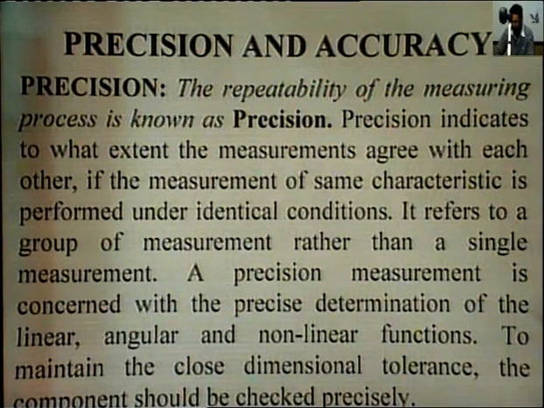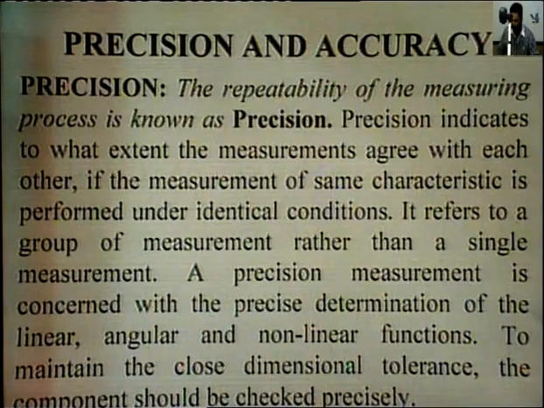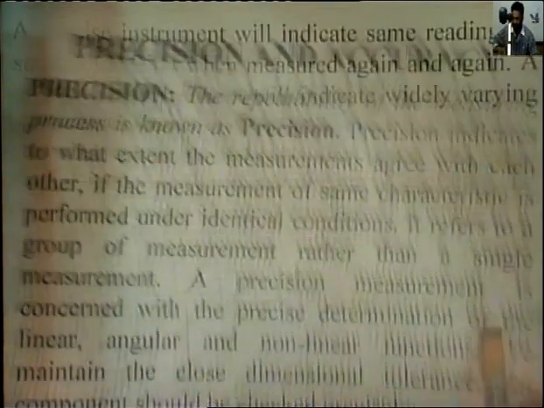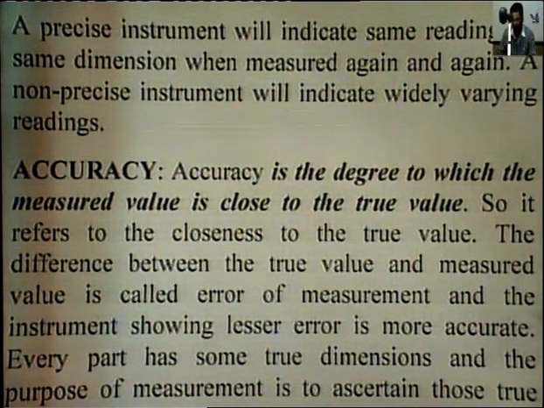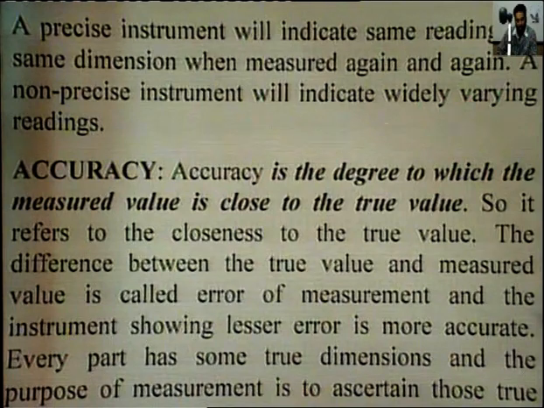To maintain close dimensional tolerances, the components should be checked precisely. A precision instrument will indicate the same reading for the same dimension when measured again and again. A non-precise instrument will indicate widely varying readings.